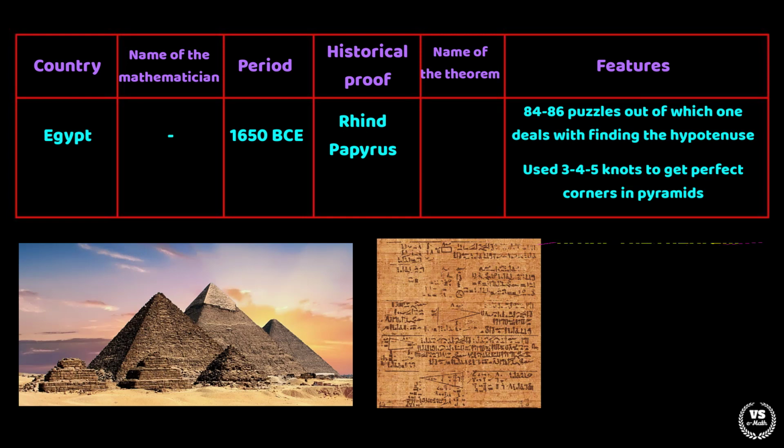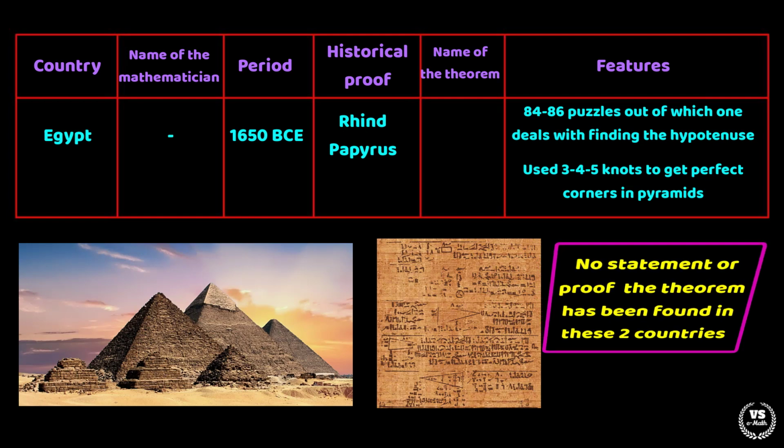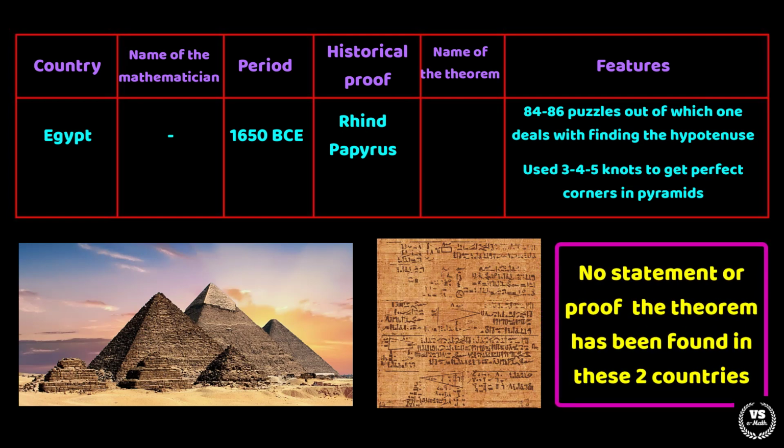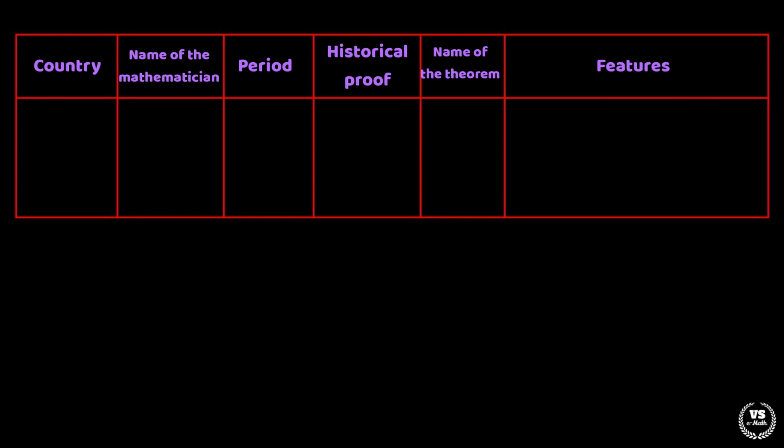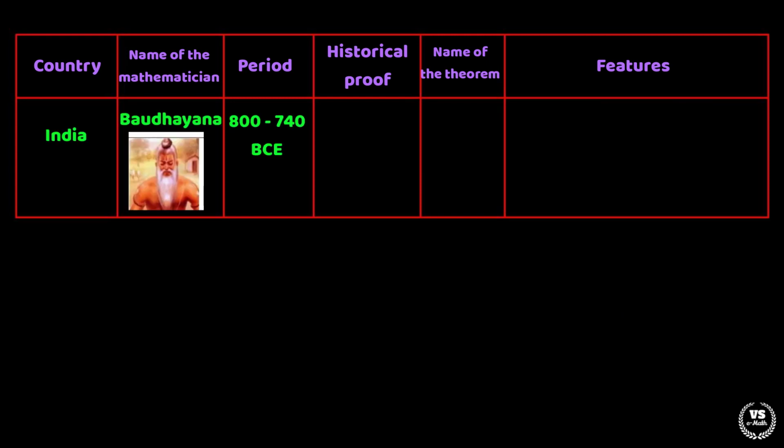We find the use of right triangles in these 2 countries, but we do not find any statement or proof of the theorem in these 2 countries. The first explicit statement of the theorem was given by Baudhayana from India, who lived 300 years before Pythagoras.